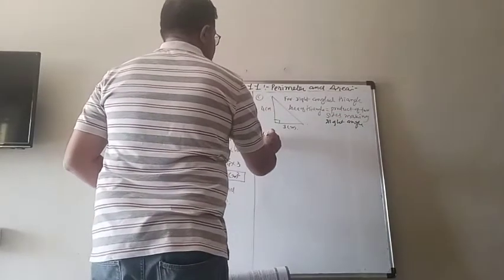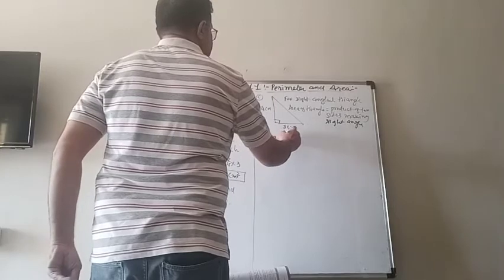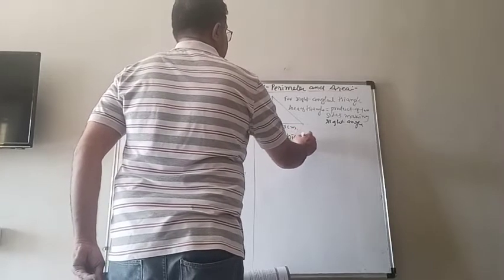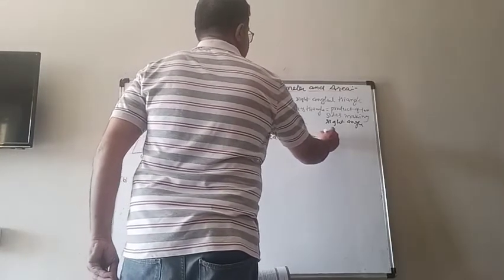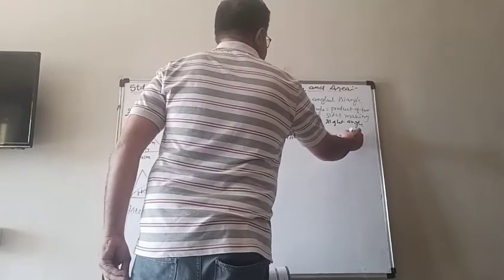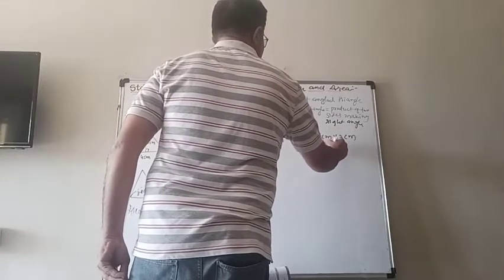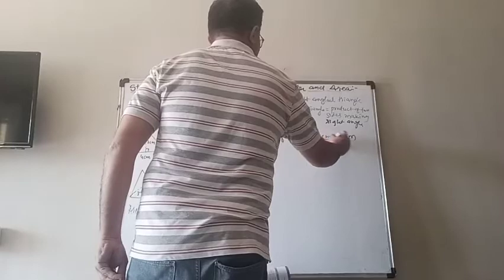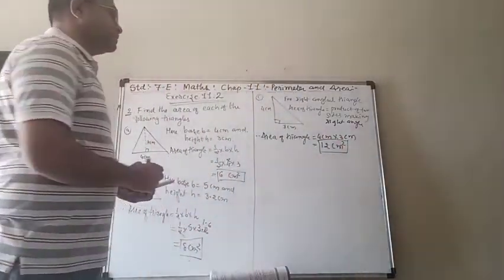So the area of the triangle is equal to 4 centimeter multiplied by 3 centimeter. So 4 3s are 12 centimeter square.